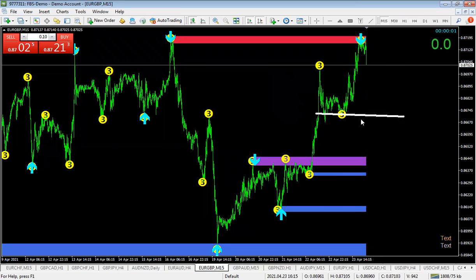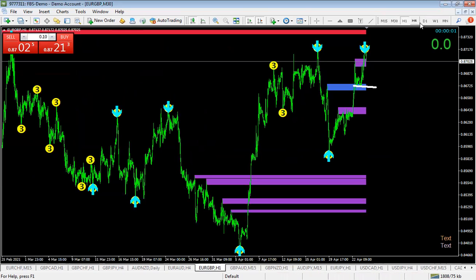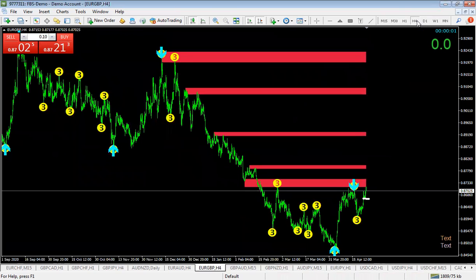For those who are trading 15 minutes, you see there's a resistance here, so we are hoping the market can bounce up here and move back. Then this will be the next resistance, to move from this level to this level.